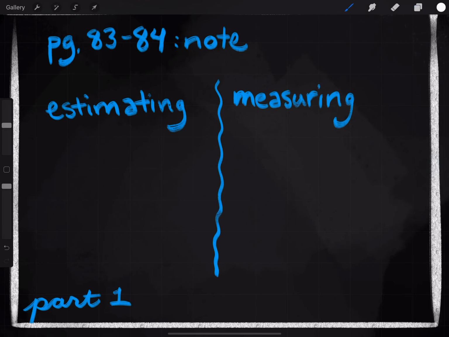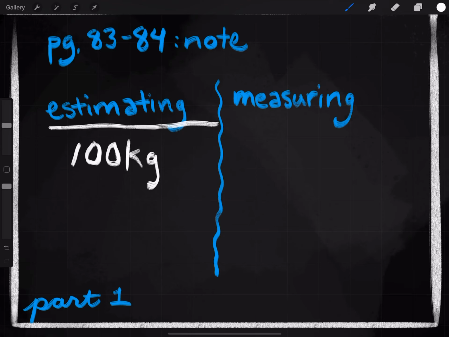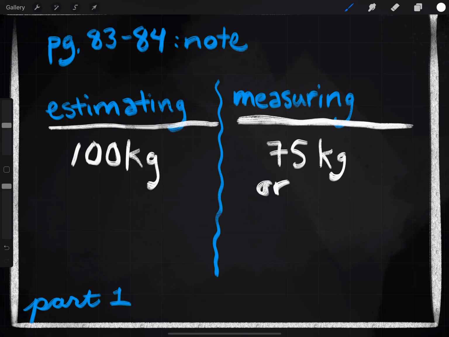So if I said, why don't you estimate how much your bed weighs, and you think your bed is pretty heavy, you might say it weighs 100 kilograms. Then they would ask you to actually measure the bed. That would be using a scale. So say I have an enormous scale and I measure my bed, it might only be 75 kilograms, or maybe it's only 20 kilograms. So maybe my guess was wrong.